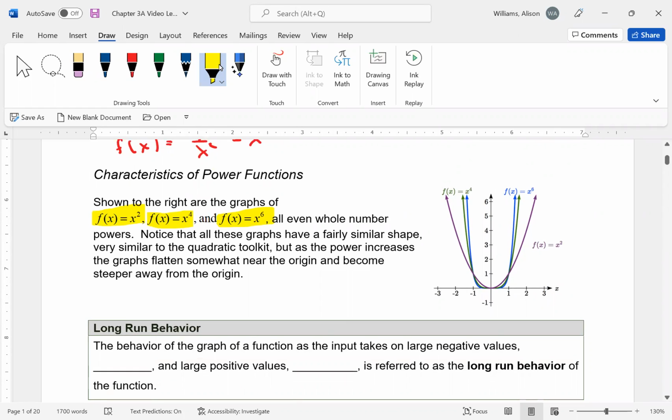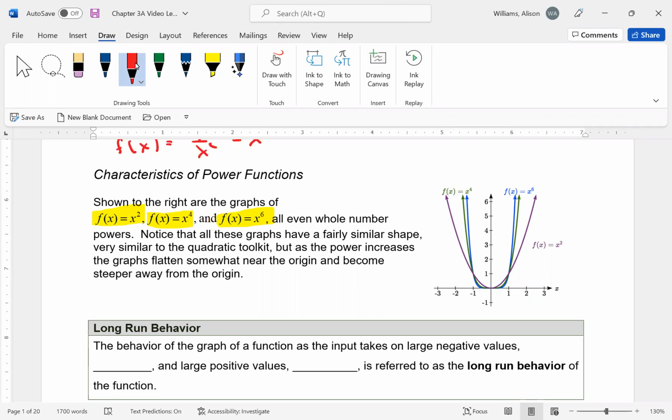So the long run behavior is this idea that we're interested in what's happening when we look at the behavior over time. What I'm seeing is that for the graph of the function, as the input values take on large negative values, meaning that the x's are going to the negatives, the y values are going to the positives.